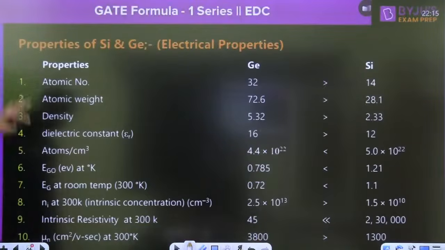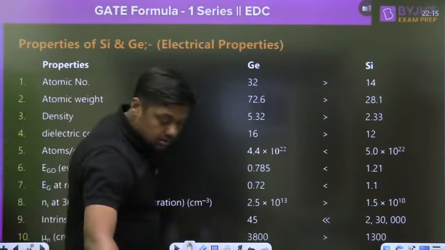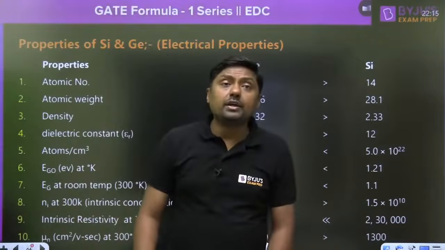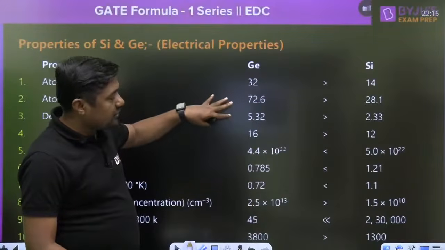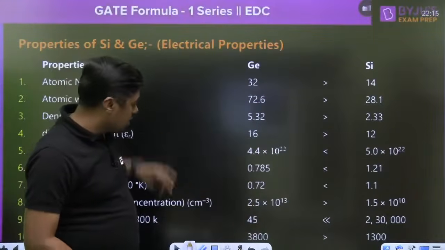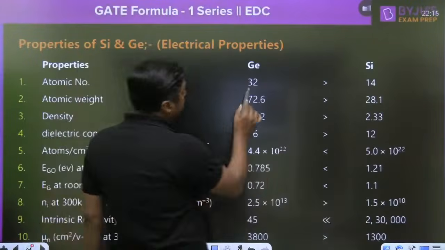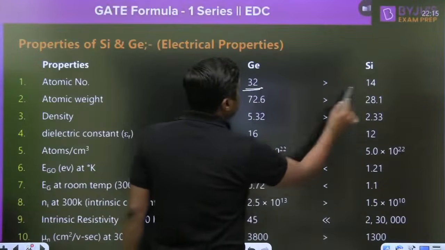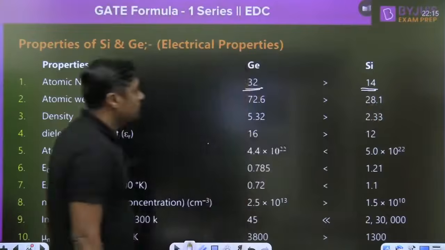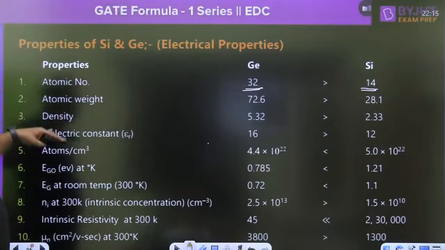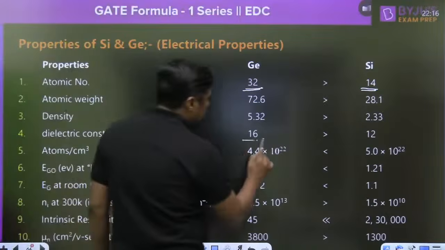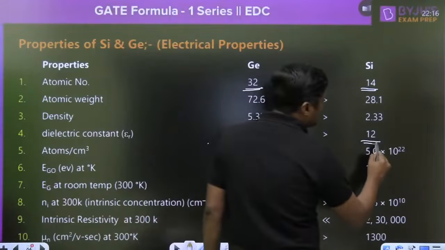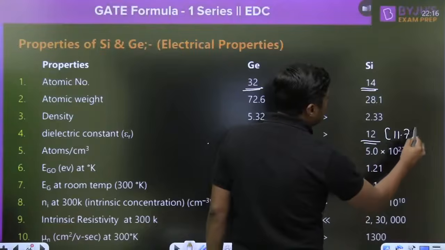Now these are the properties of what? Silicon and germanium. First of all, which properties are important for competitive exams? First, atomic number, okay, 32 and 14, tetravalent. Atomic weight not required, density is not required, dielectric constant, yes, 16, 12, sometimes 11.7 is used for silicon.